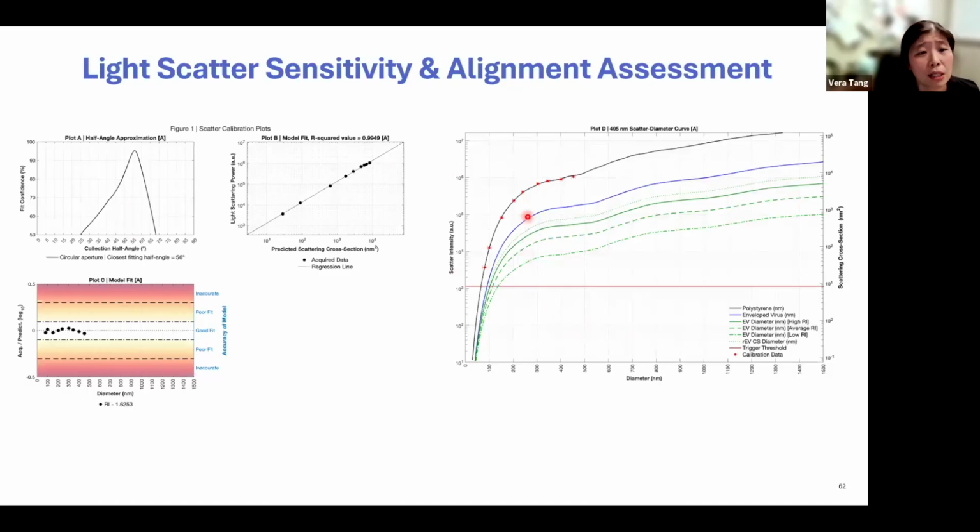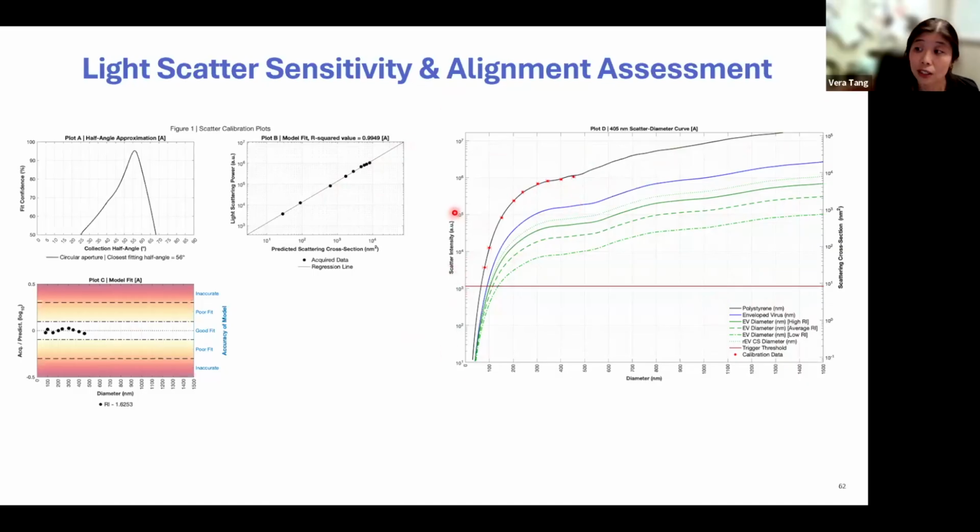The other plot that comes out of here is that Mie curve with all the different populations of beads that I ran, and the assessment of how well these beads are fitting where we're anticipating them to be based on this model. You can see that a lot of those populations are fitting quite well. If you're able to see the small writing here, the black line is polystyrene, so the refractive index of polystyrene.